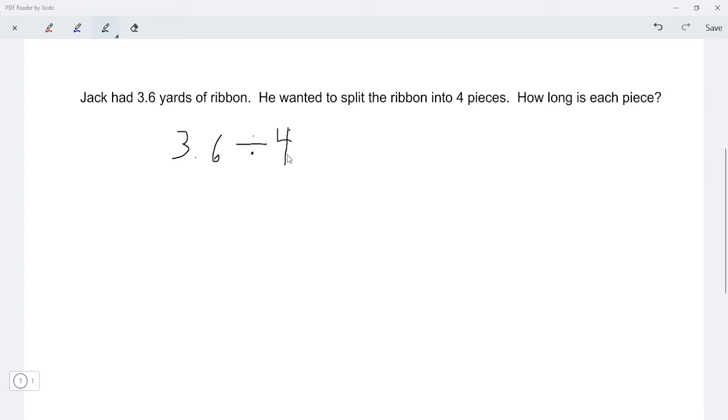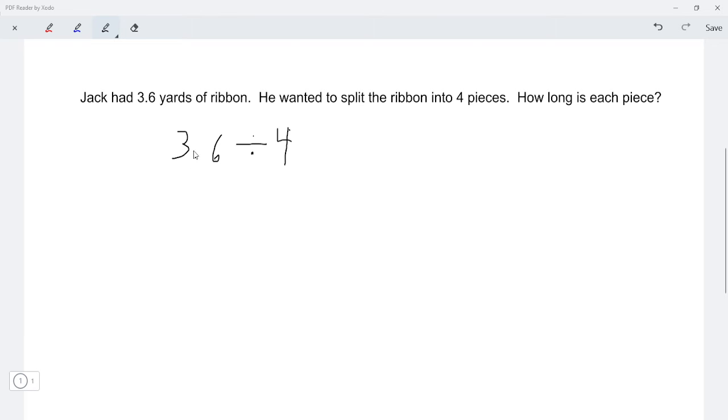And also, it's best to just check your answer afterwards and think, does this answer make sense? If I have 3 and 6/10 yards of ribbon, and then I split it into 4 pieces, would it be possible that I would have more than a yard in each of the pieces?